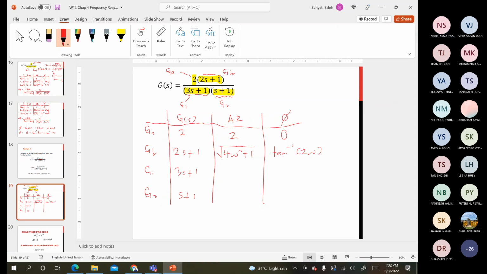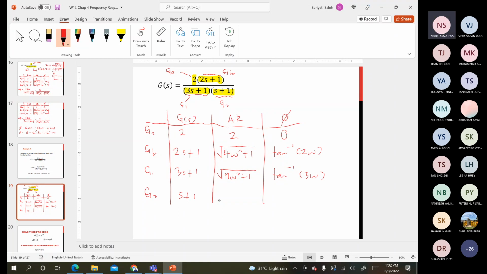Like that. The same goes with the 3s plus 1: 9W square plus 1, and for the angle, inverse tangent 3W. You just follow the same standard form.